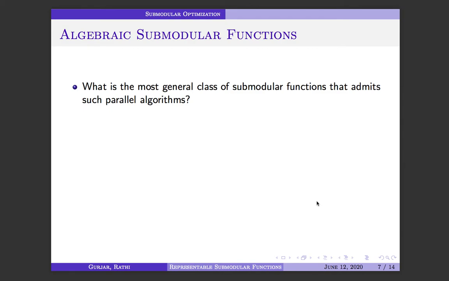Since the parallel complexity of general submodular functions is not completely clear, it's natural to ask what is the most general class of submodular functions that admits such parallel algorithms. If you are interested in algebraic algorithms, then you should look for functions which can be defined algebraically in some sense.